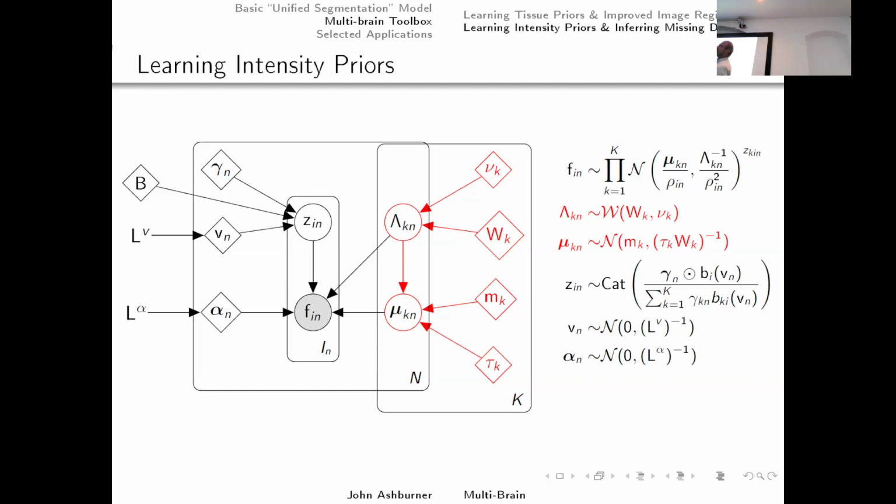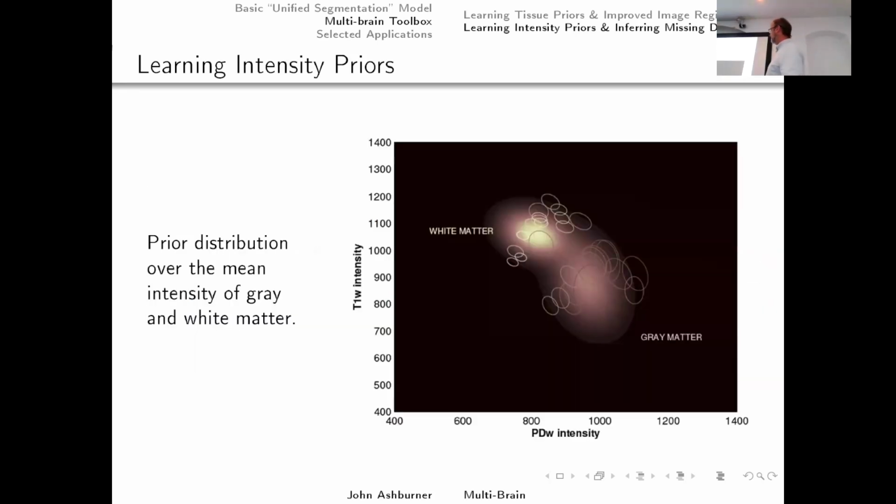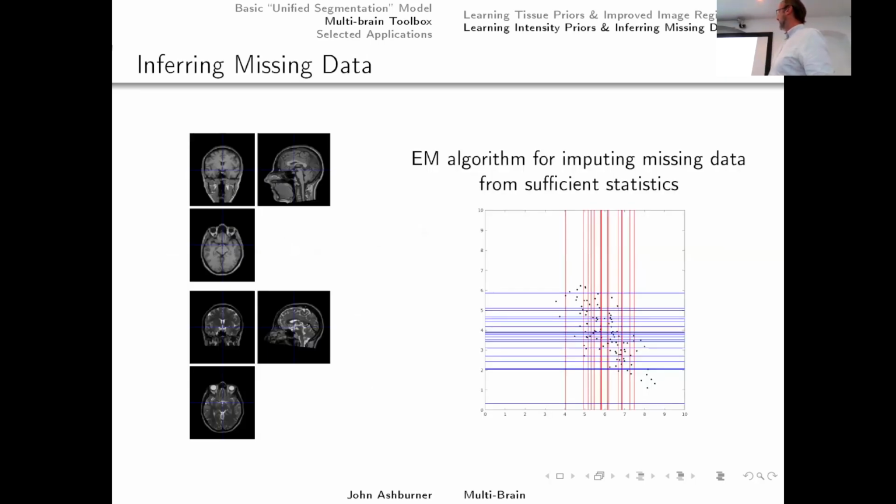But we maximize the likelihood of the priors so that they're not really priors. There's an option to use uninformative priors, or you get to learn the priors from population subjects. So that's just a representation of priors like that.